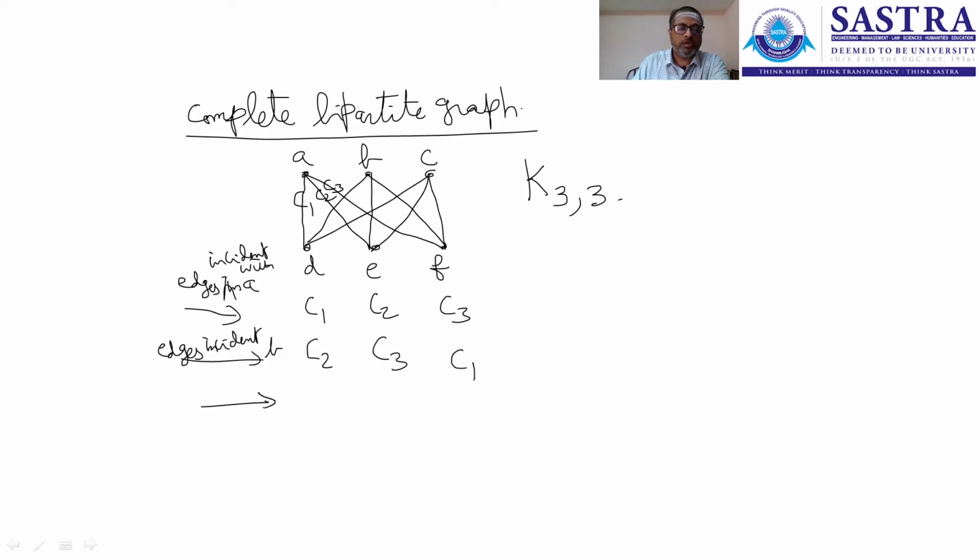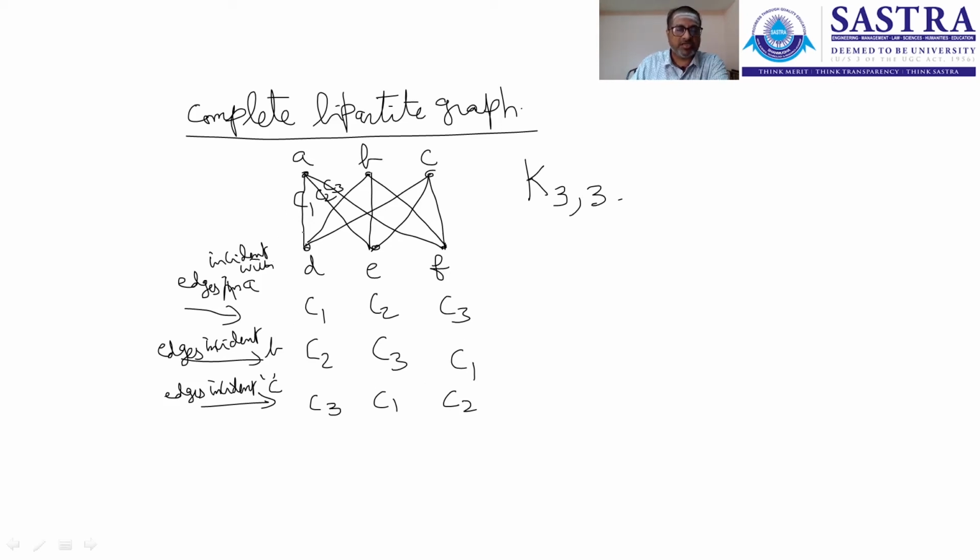The third one, I have to give a different coloring. So for the edges incident with C, this would give you C3, C1 and C2. Now you can see that the colors are different for adjacent edges.